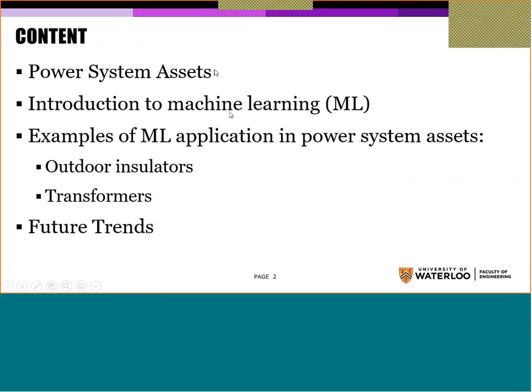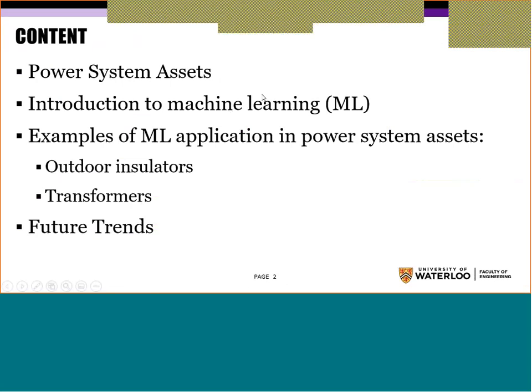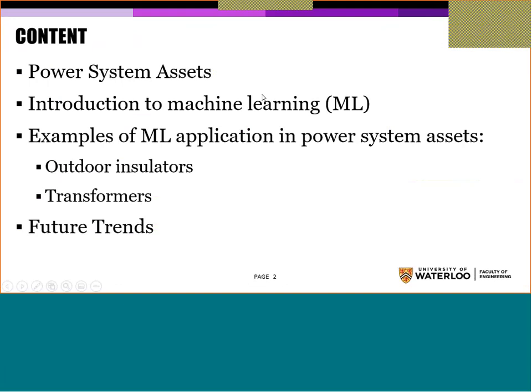Then we'll work on a machine learning introduction without going into details. As you know, machine learning is a huge topic, and the intention here is not to cover all the aspects of it, but rather to cover the general idea and then its application.